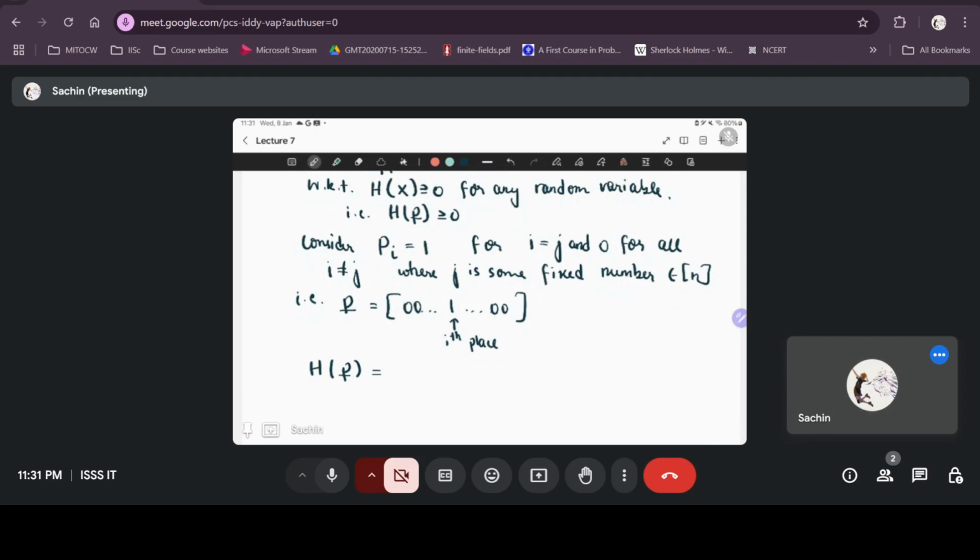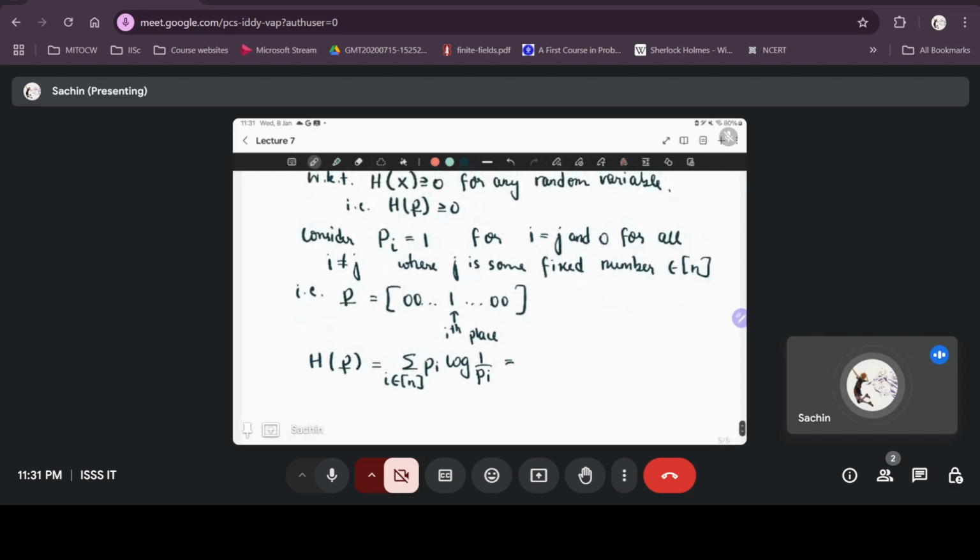The entropy of this is summation of p i log 1 over p i, i goes from 1 to n, which is summation 0 log 1 over 0 for i not equal to j, plus summation 1 log 1 over 1 where i is equal to j, which is nothing but 0 plus 0, which is 0.